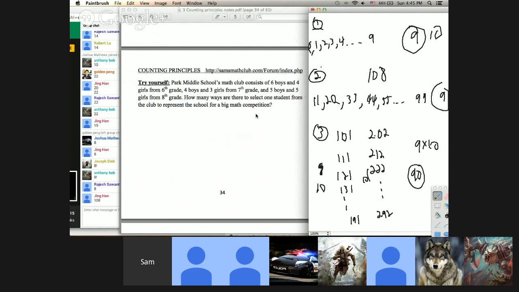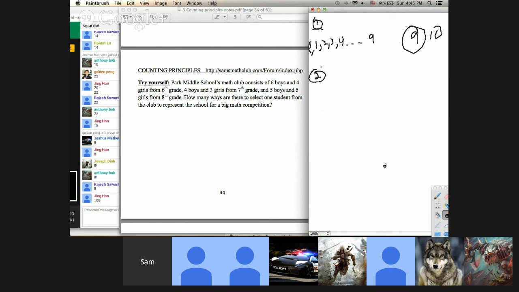So let's try this problem. Park Middle School Math Club consists of 6 boys and 4 girls from the 6th grade, 4 boys and 3 girls from the 7th grade, and 5 boys and 5 girls from the 8th grade. How many ways are there to select one student from the club to represent the school for a big math competition?